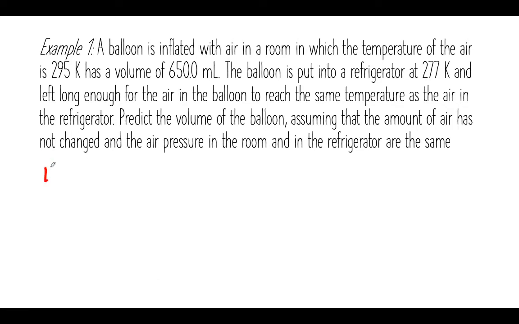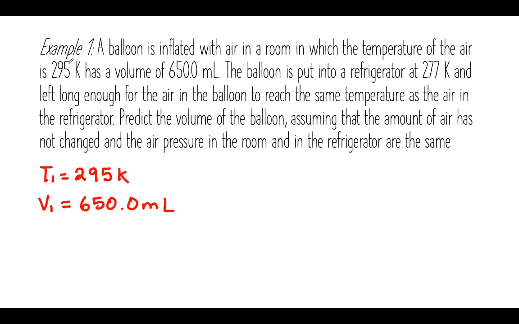So the initial temperature is 295 Kelvin, and the balloon has a volume of 650.0 milliliters. The balloon is put into a refrigerator at 277 Kelvin and left long enough for the air in the balloon to reach the same temperature as the air in the refrigerator.